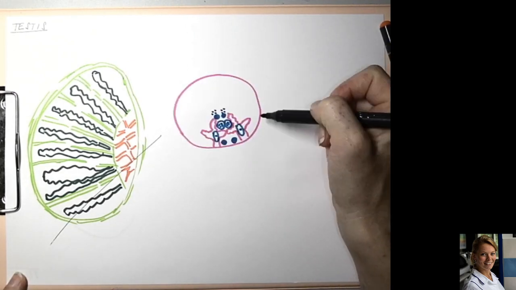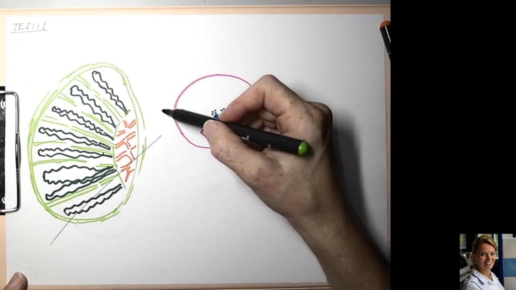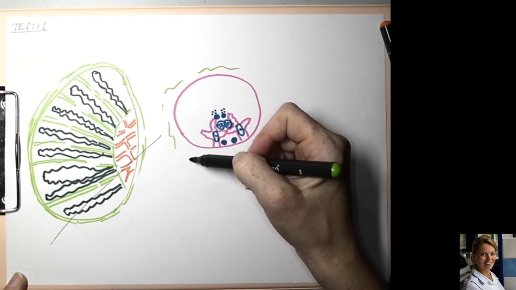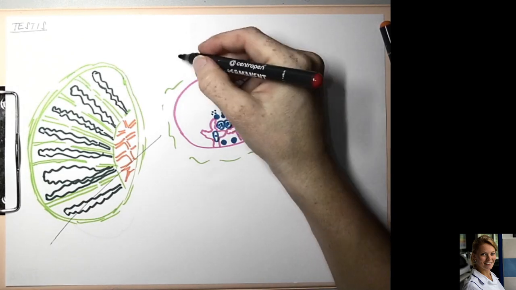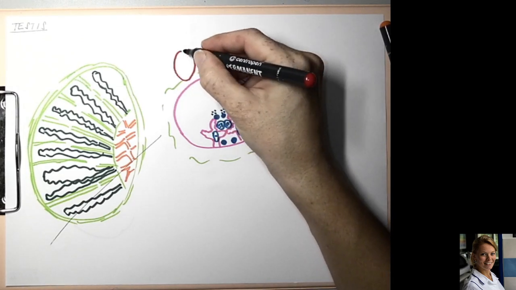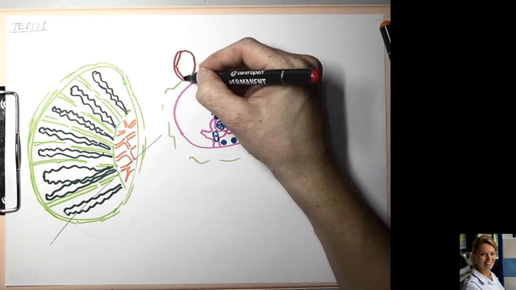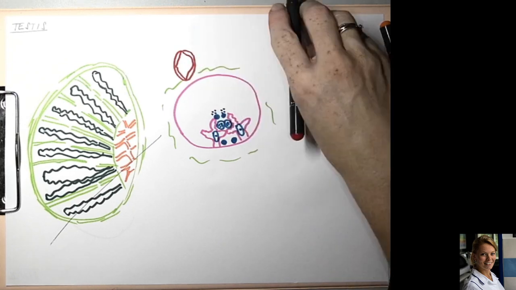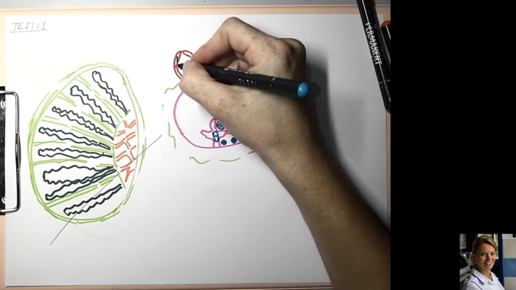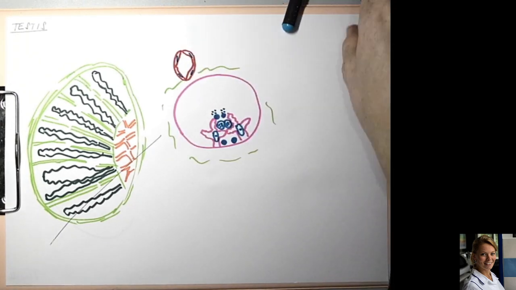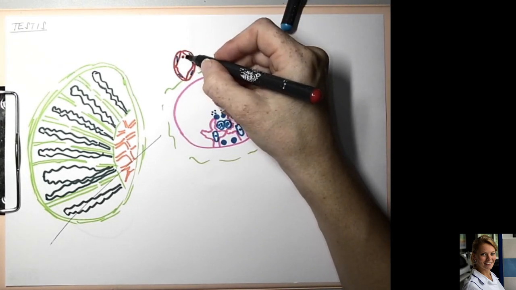This seminiferous tubule is surrounded by loose connective tissue with blood vessels, which are lined with endothelial cells with flattened nuclei, and inside you can recognize erythrocytes.